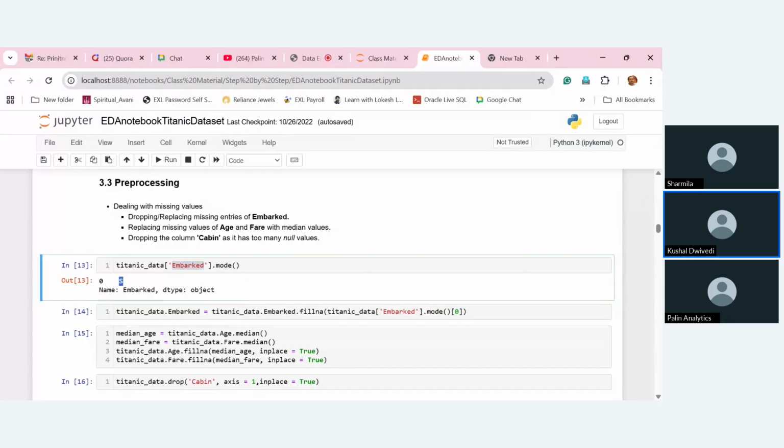Do you know what is mode? Mean, median, mode? Yes, median, the middle value we find out. Mean would be the middle value, I think. Yeah, mean, median, mode. What is mode?